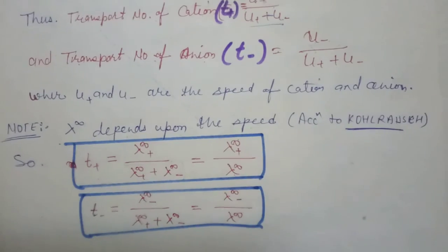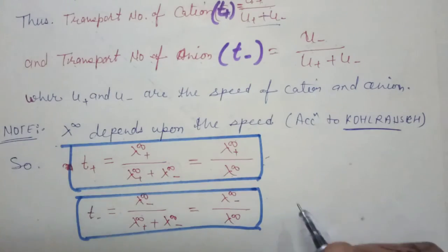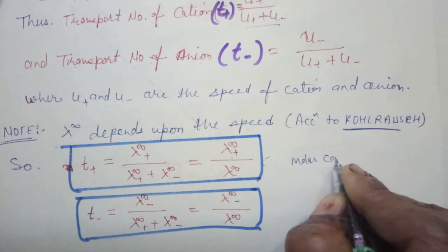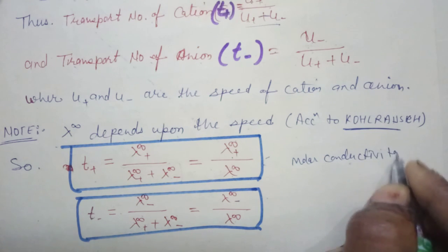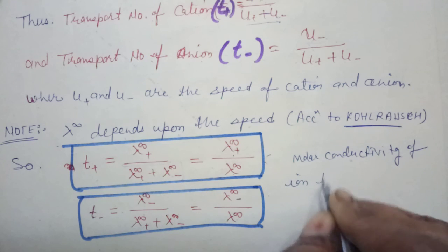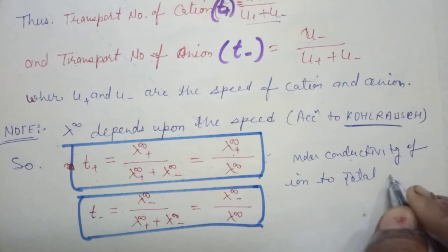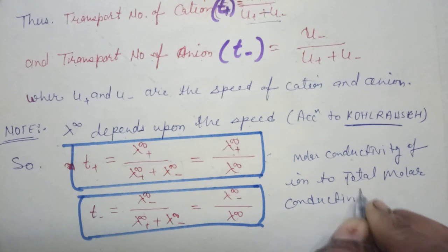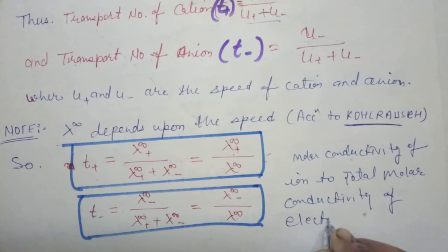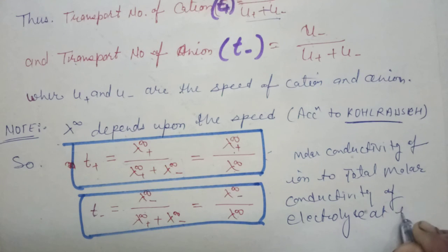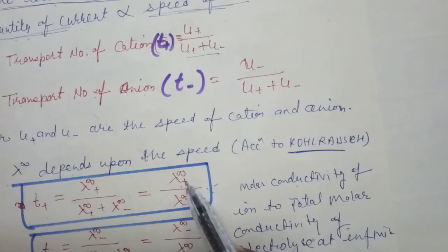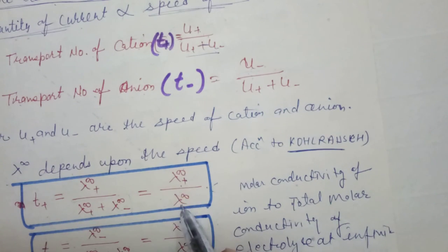So we can say one more definition of the transport number: it is the ratio of molar conductivity of the ion to the total molar conductivity of the electrolyte at infinite dilution.